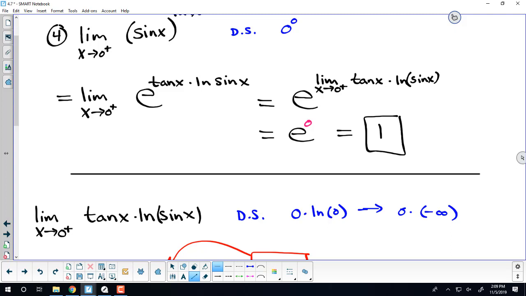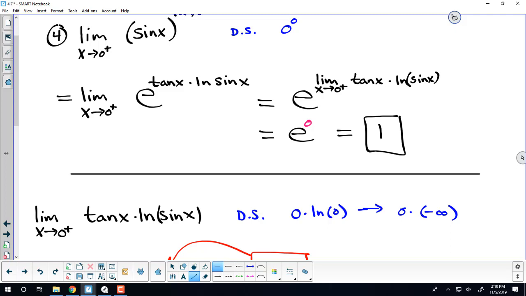But we're not going to talk about growth rates. It depends on how fast these things are approaching their respective limits. So it's not always equal to 0, so it's not always e to the 0, which is 1. I know a lot of examples that we've had do end up being 1 as the final result, but not all of them are.